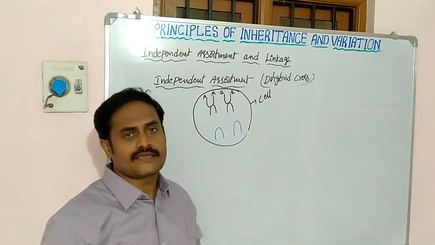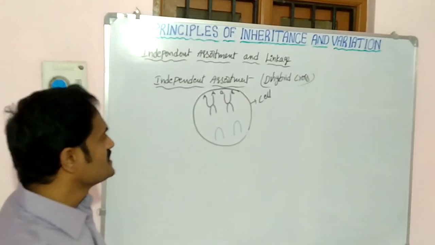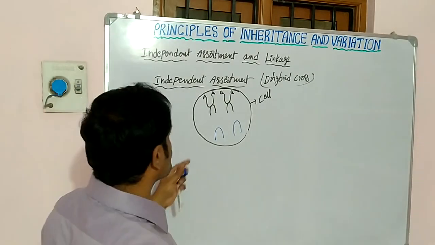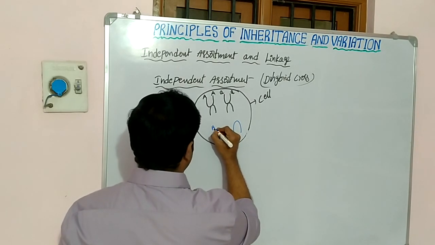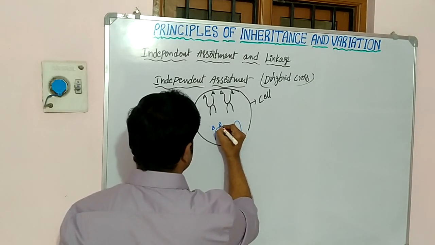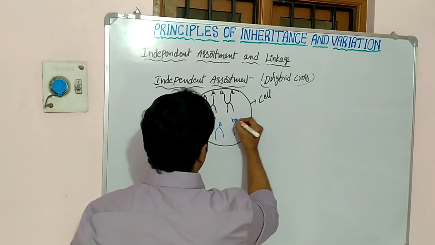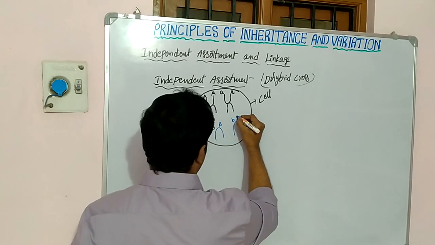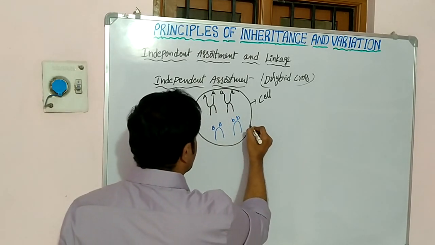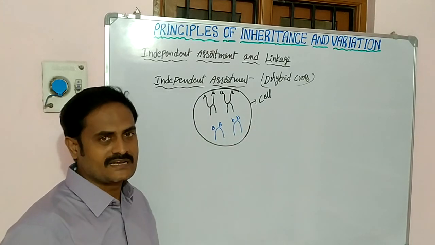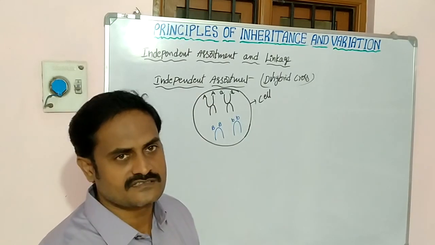It is the other type of gene. Then the next chromosome has capital B, capital B, and the second chromosome has small b, small b. Remember, these kinds of arrangements are seen in one cell participating in the dihybrid cross.